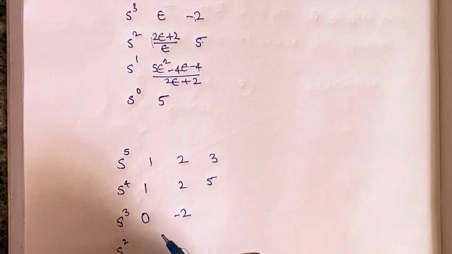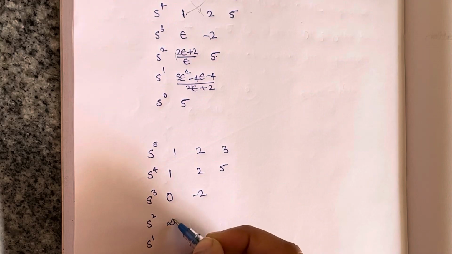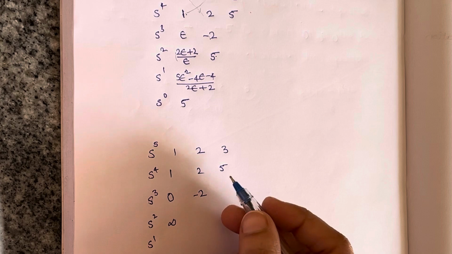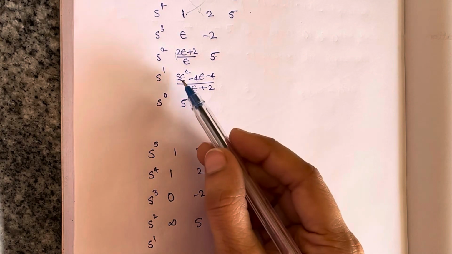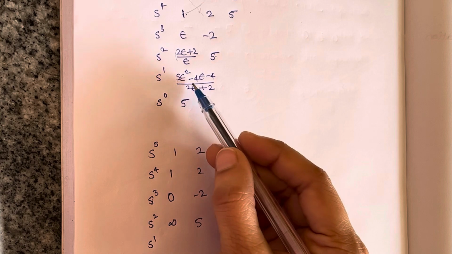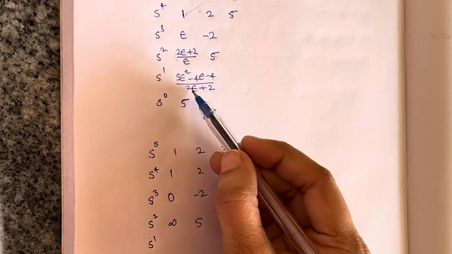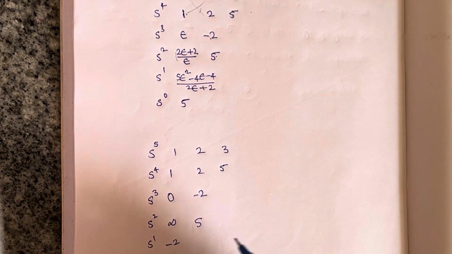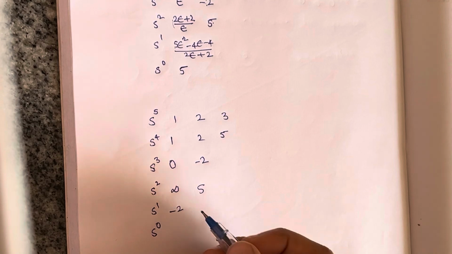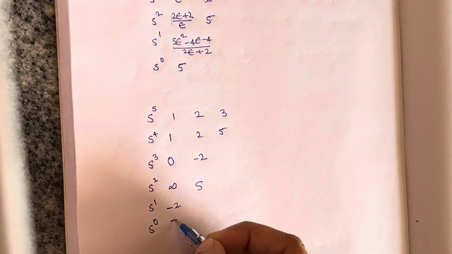We get infinity. This is the 5 itself. Then 2 into 0 square minus 4 into 0 minus 4 by 2 into 0 plus 2. We get minus 2. Then S power 0, it is 5 itself.